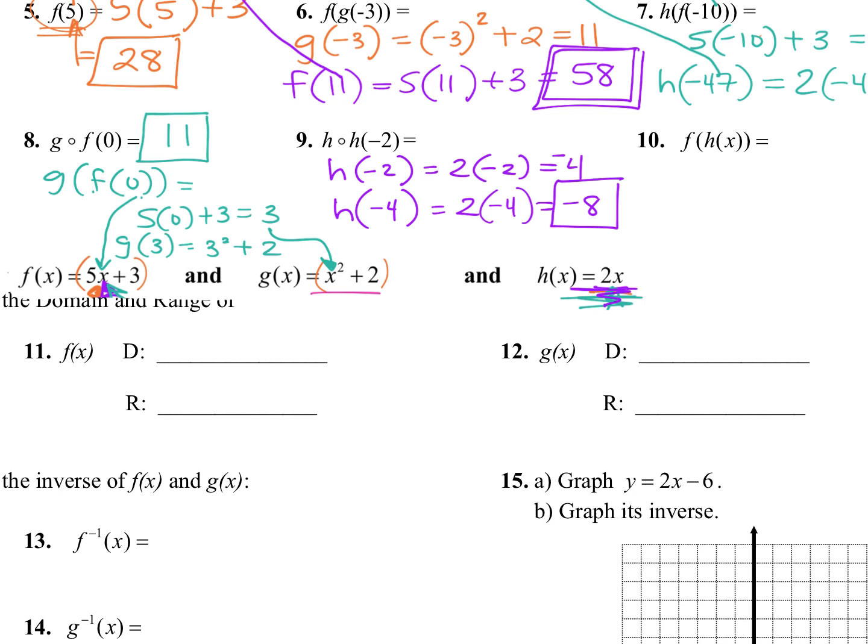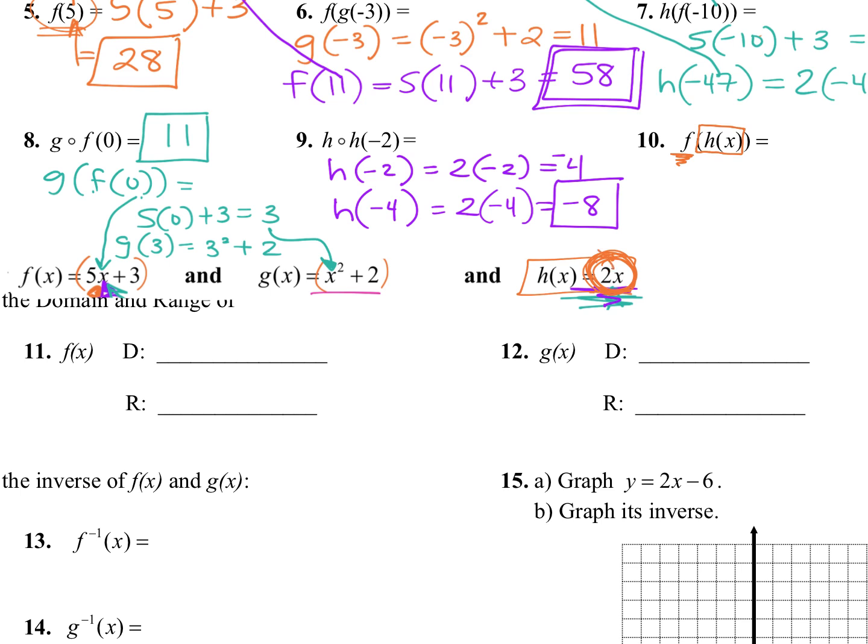So you're gonna start inside with h of x. That part of it is already done for you. They're saying plug x into the h of x function. Well, my h of x function is this, and they already plugged x in. It's 2 times x, right? So there's nothing you have to do for that first part of it, but then you're gonna take that 2x, and you're gonna plug that into the f function.